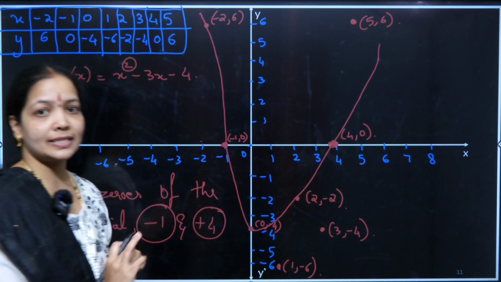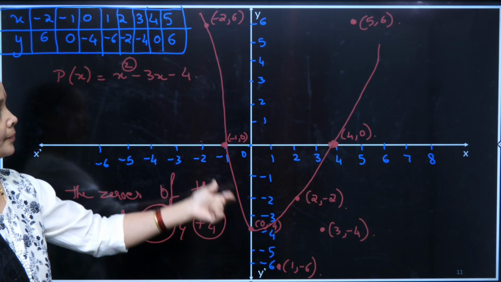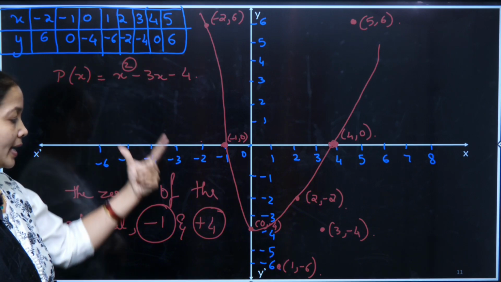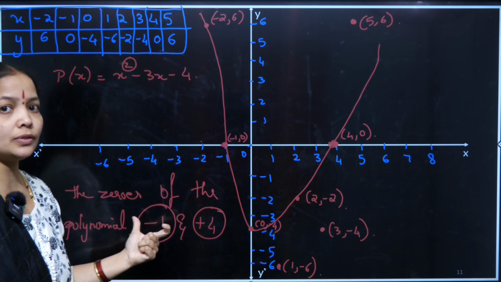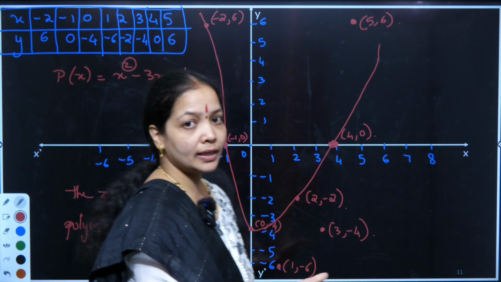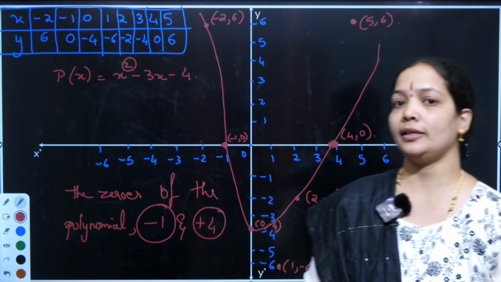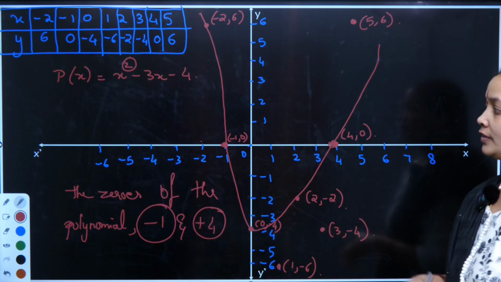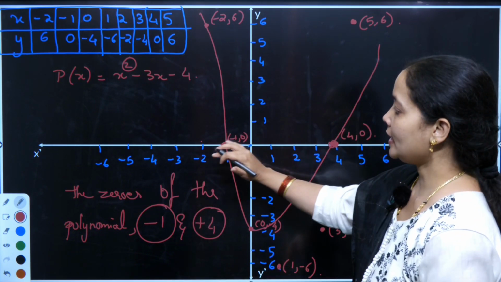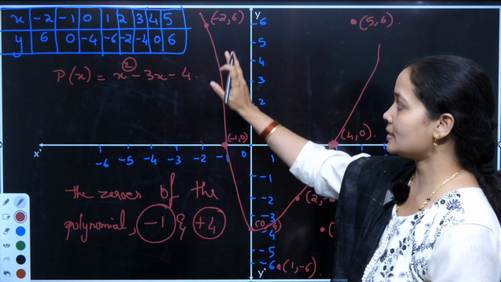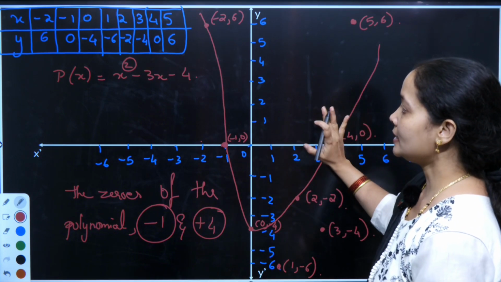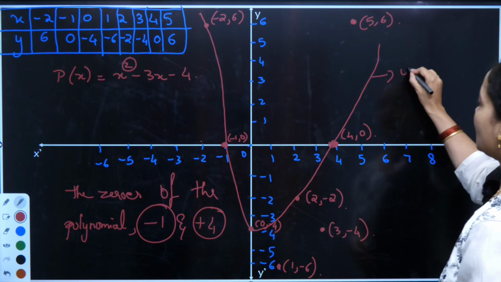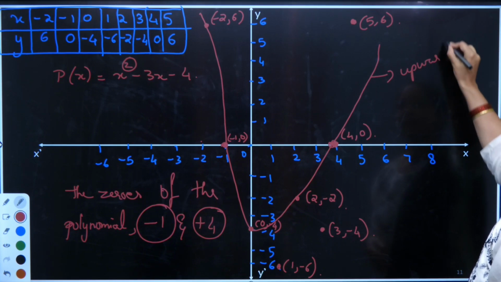Therefore, we call them the zeros of the given polynomial. And since the degree was 2, we have to get two zeros. We have to keep that in mind before going ahead with solving the problem. So, we got two positions on the x-axis where the graph is intersecting. Hence, this will be called an upward parabola.